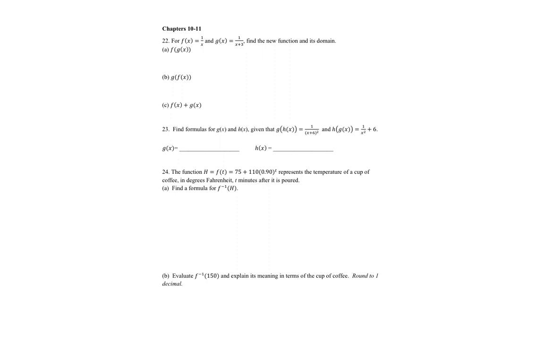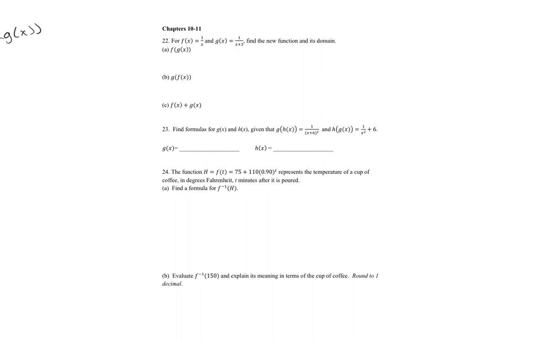All right, so for number 22, we're given two functions, and we're going to talk about some composite functions and adding them together. For part A, we're doing f of g of x, okay? So this is just going to be wherever there's an x in f of x, we're going to replace it with g.